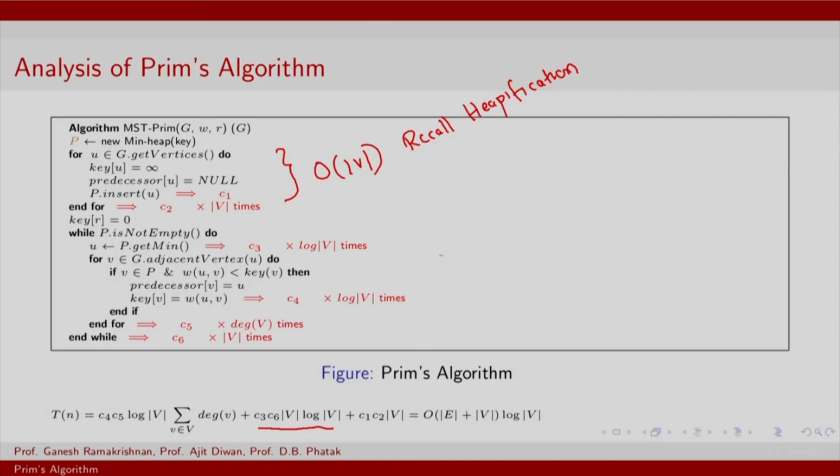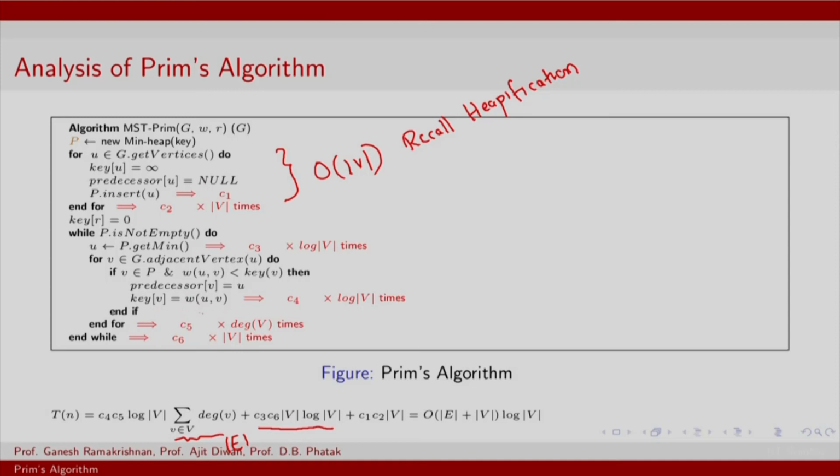The inner if loop is interesting. So the inner if loop is called for each node. So for each node you are basically accessing the entire adjacency list. This is basically summation over v of degree of v. This is nothing but the number of edges. However, there is a very interesting implicit call being made to the heap, which is not a trivial operation, and that is updating the key.